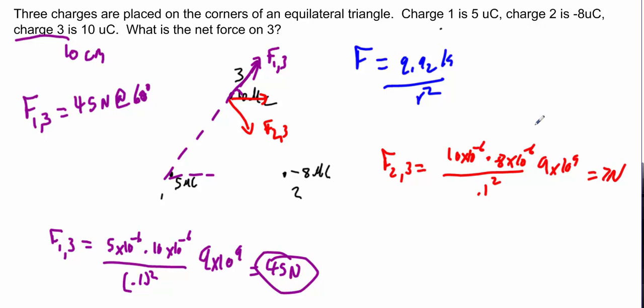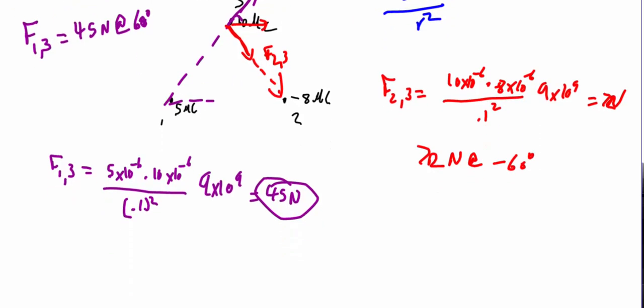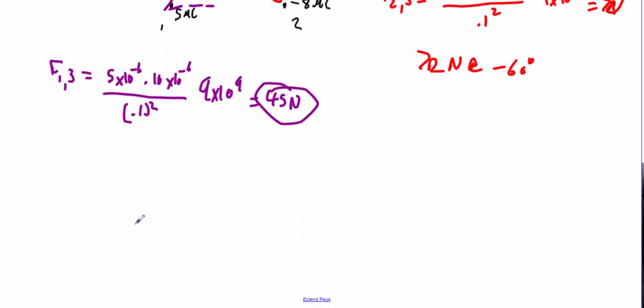Just like we said, this force is bigger because the two charges over here are bigger. And this is directed at negative 60 degrees. So I have 72 newtons at negative 60 degrees.